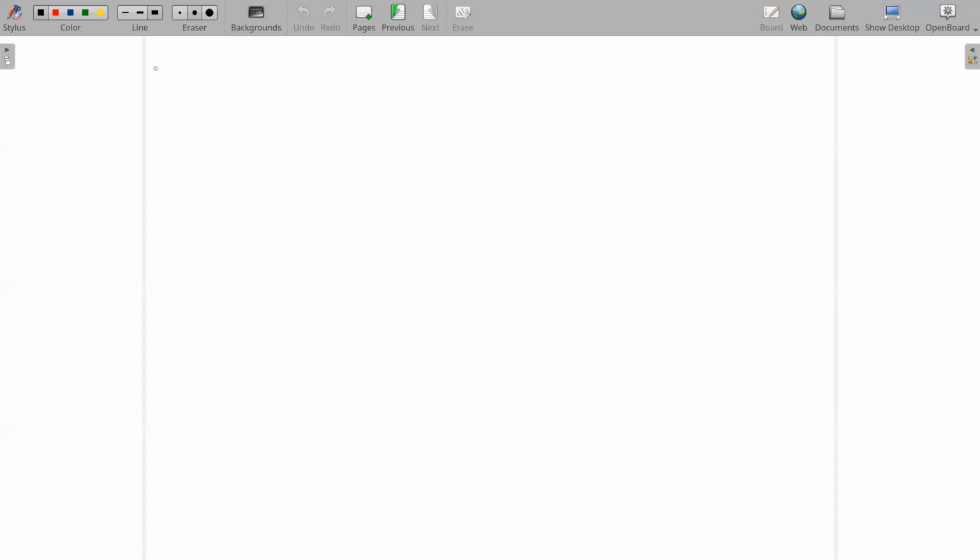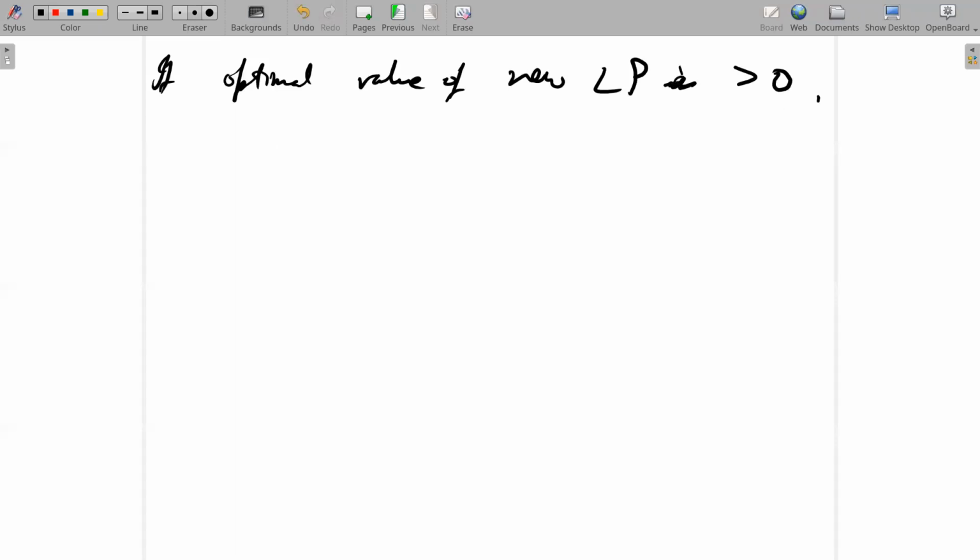Now, if the optimal value of the new LP is strictly bigger than 0, report infeasibility and halt, based on that lemma.